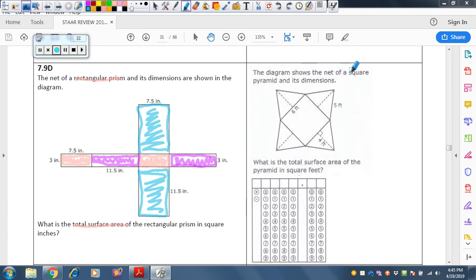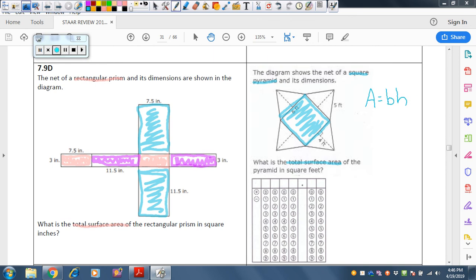Diagram shows a net of a square pyramid and its dimensions. What is the total surface area of the pyramid in square feet? So you have a square here. So you need a formula for a square.